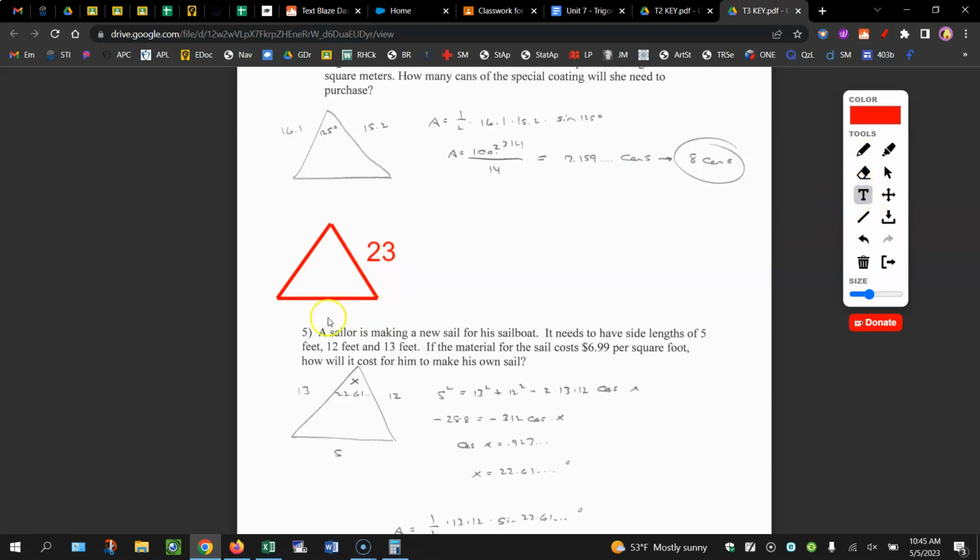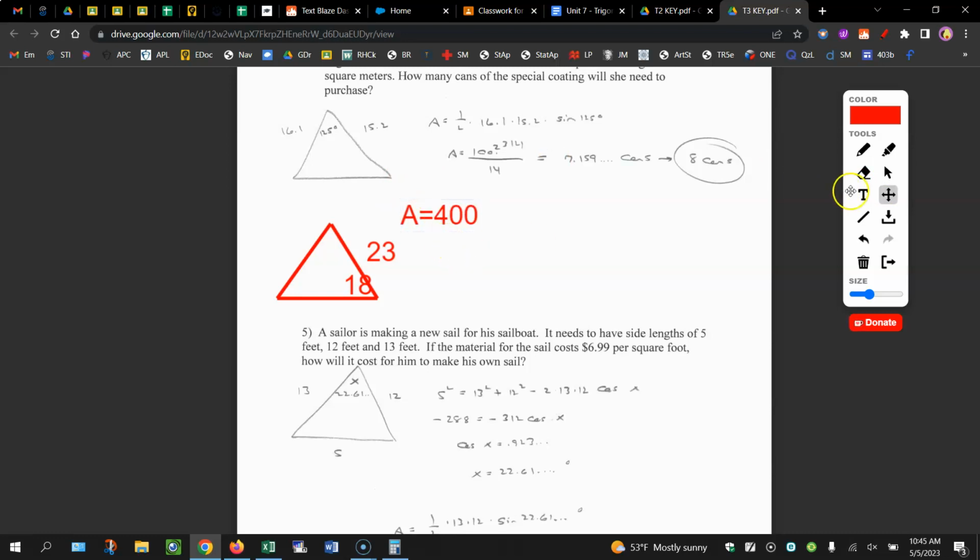This angle is 18 degrees. And what else do we need? Oh, say we know the area. And say we know the area equals 400.